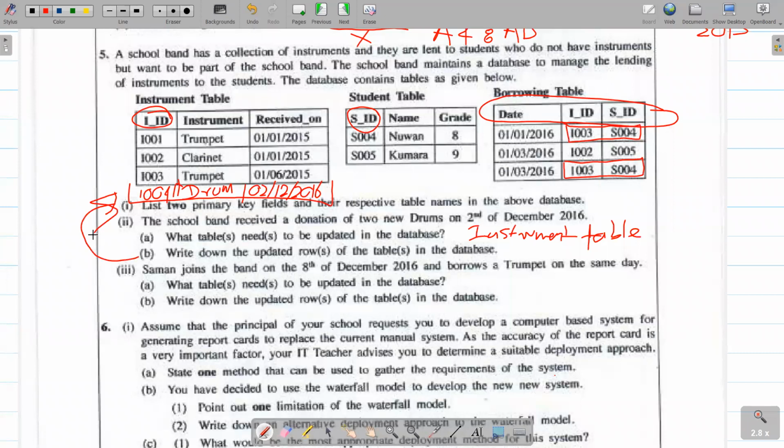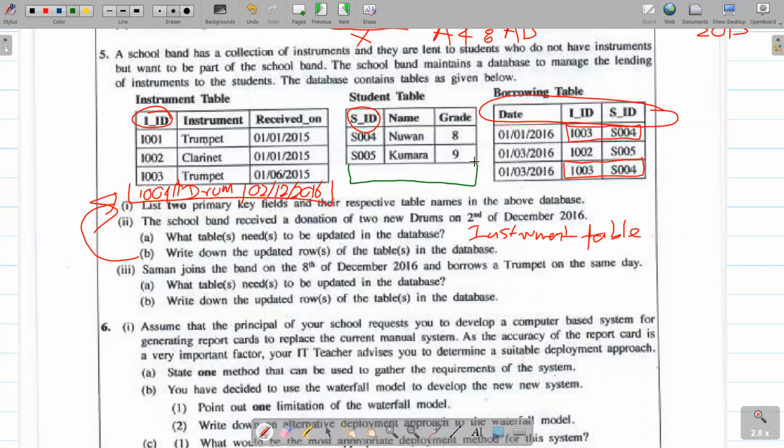In part 3, it is asking someone joins the band on 8th of December 2016 and borrows a trumpet on the same day. So if someone joins the band on 8th of December 2016, we have to have a new record over here.